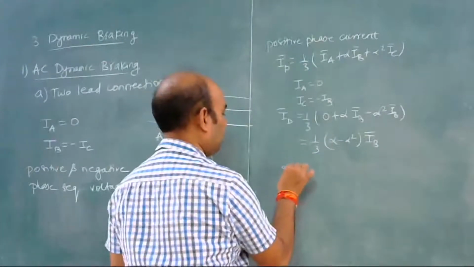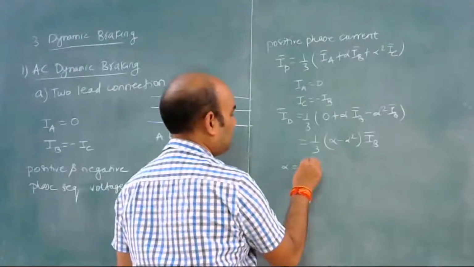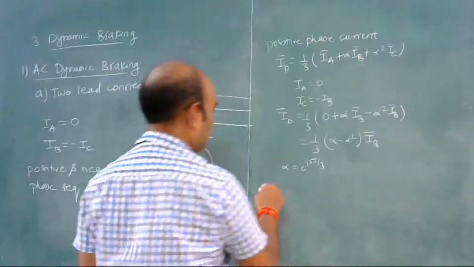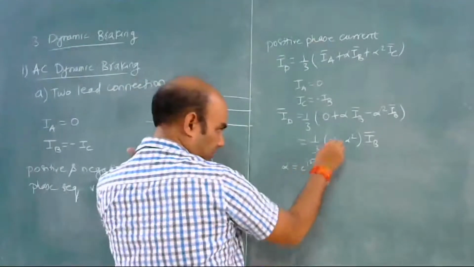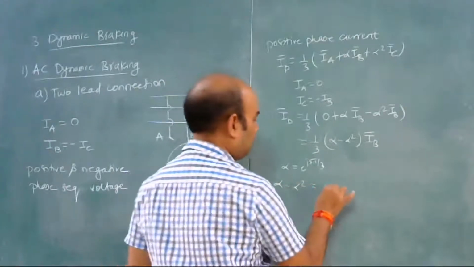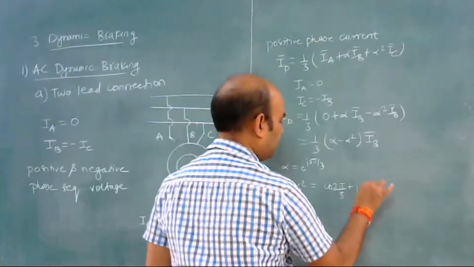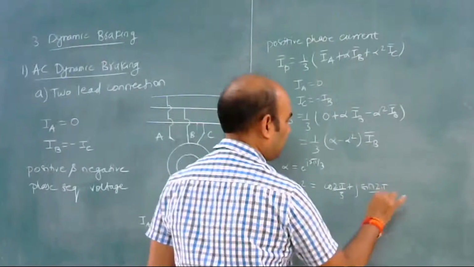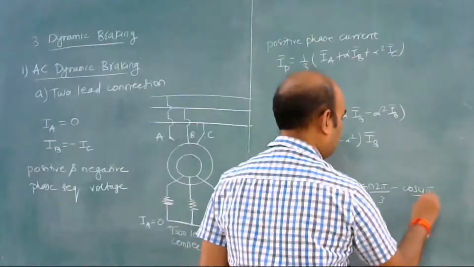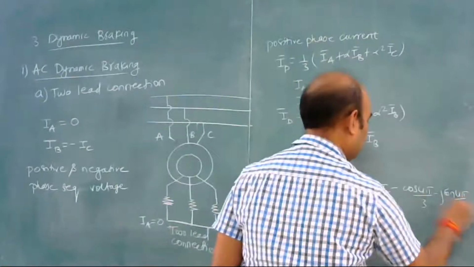Alpha is equal to e to the power j 2 pi by 3, so substituting here you will get alpha minus alpha square equal to cos 2 pi by 3 plus j sin 2 pi by 3 minus cos 4 pi by 3 minus j sin 4 pi by 3.